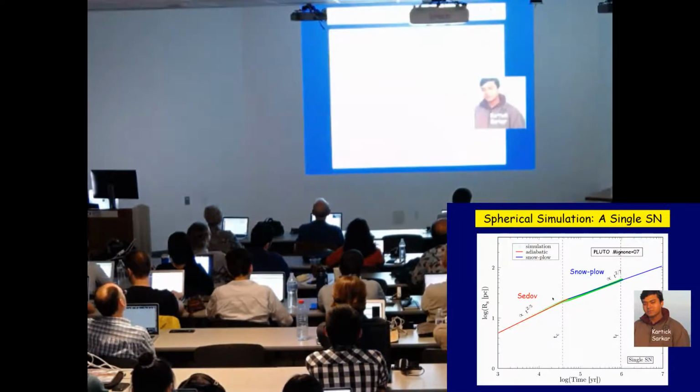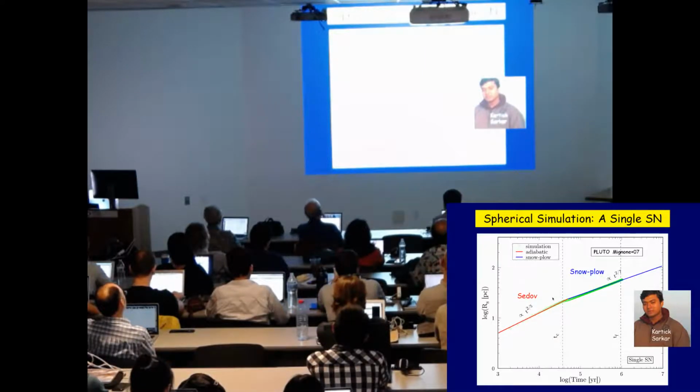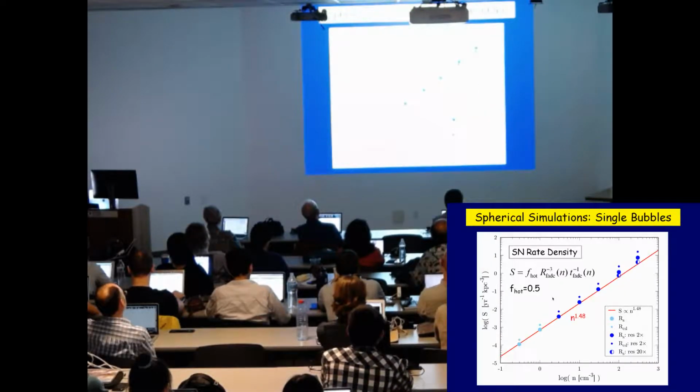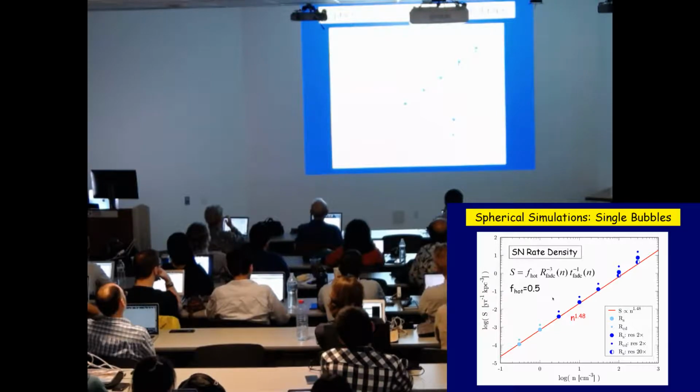Let me give you some example. This is just how we reproduce the predictions for a single supernova. The green is a simulation done with the Pluto code, hydrocode, spherical simulations, very simple. Cooling time, fading time, perfect match. And if you plot the supernova rate, assuming a constant filling factor for the hot stuff, and those quantities which you derive from the simulations, and each of these is a different simulation for different number density of the ISM.